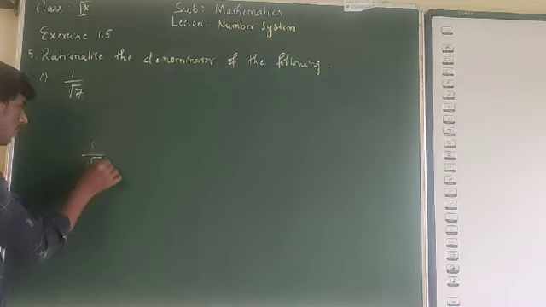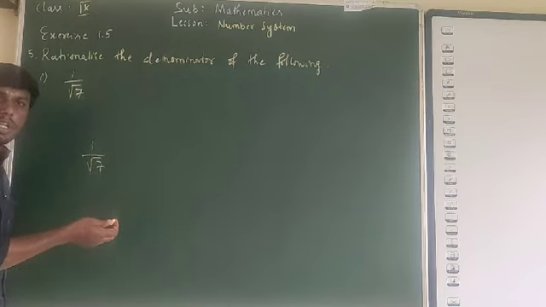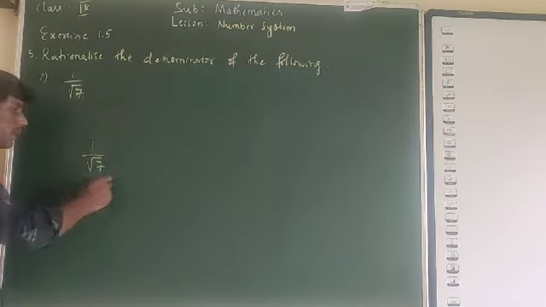But the denominator, root 7, we can make into a rational number. Only the denominator, not the complete number.